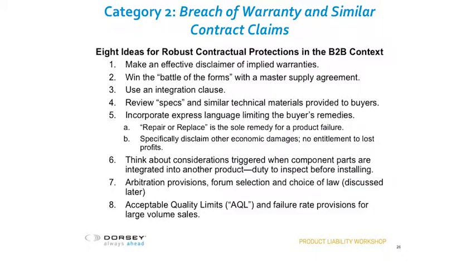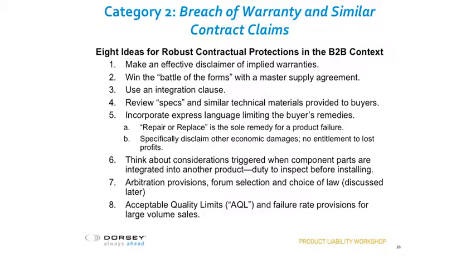It doesn't say it like this, but it doesn't matter what the sales rep said about the product, that it can go much faster or is much safer or much more effective. These are the specs, and you cannot add any specs to this unless they're in writing, signed by both parties. Of course, reviewing those specs to make sure that they are accurate and that the product conforms is also very important.